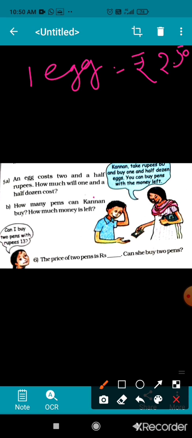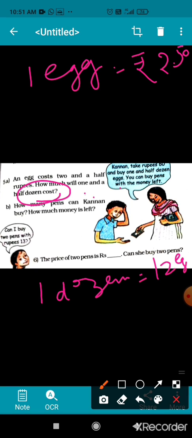Okay, and how many eggs are present? 1.5 dozen. 1 dozen has 12 eggs and half dozen has 6 eggs. So total eggs 18. Okay, 1 egg cost is 2 rupees 50 paisa.